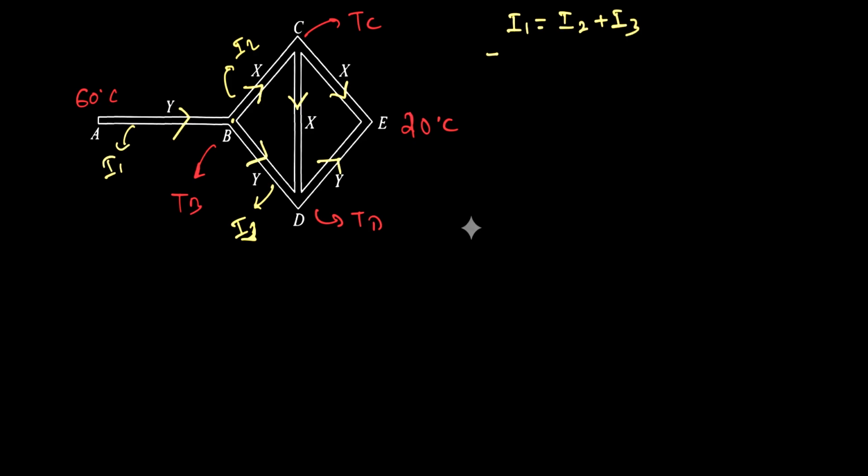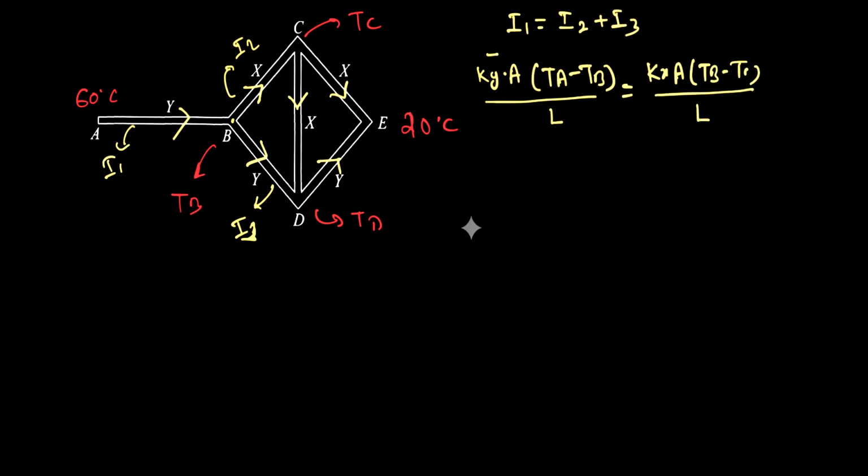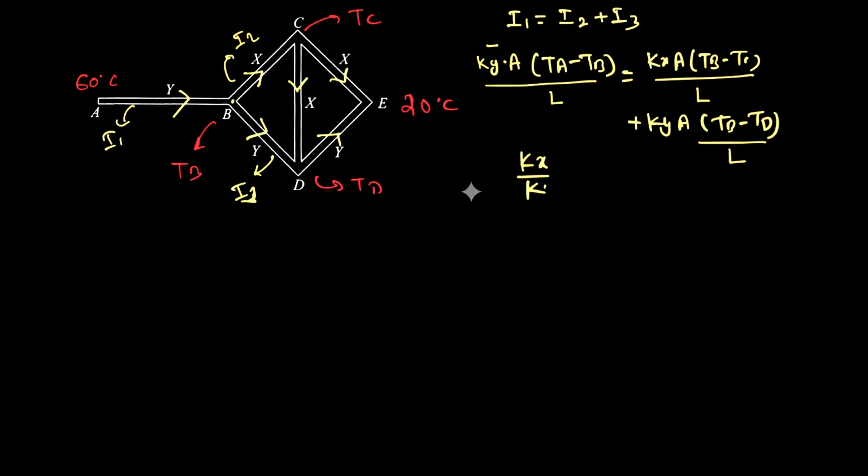And if I solve this, I1 should be equal to I2 plus I3. How will I solve this one? I will write Ky into A into (TA minus TB) divided by L, that should be equal to Kx into A, that is (TB minus TC) divided by L, plus Ky into A, that is (TB minus TD) divided by L. And we know Kx divided by Ky is already given to us, that is equal to 2.